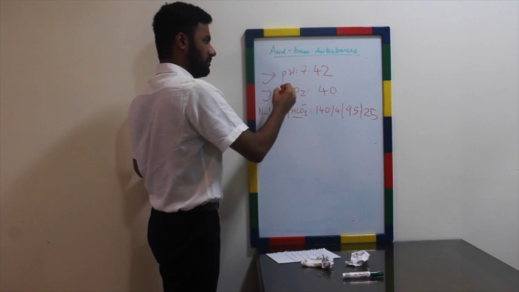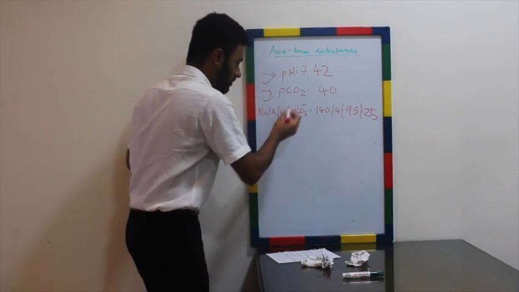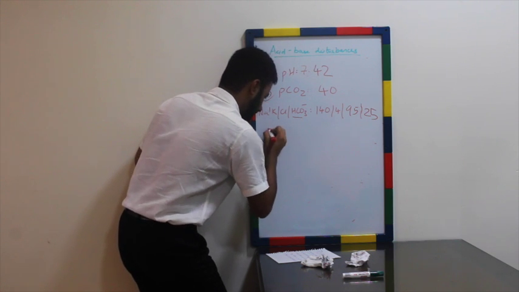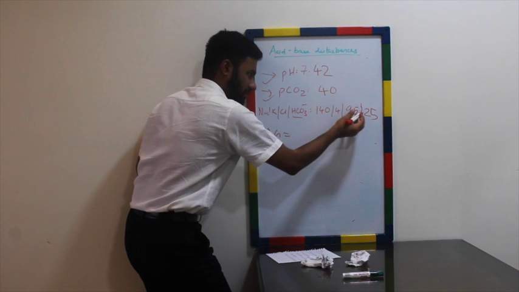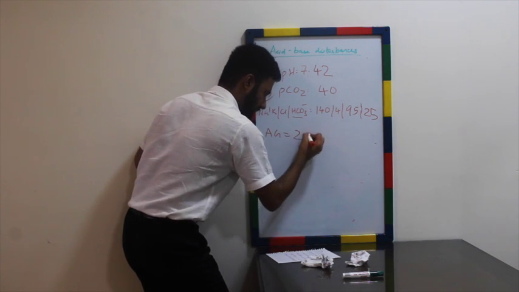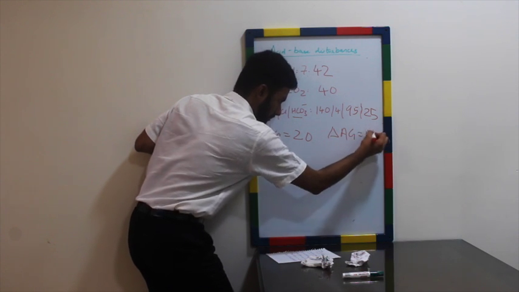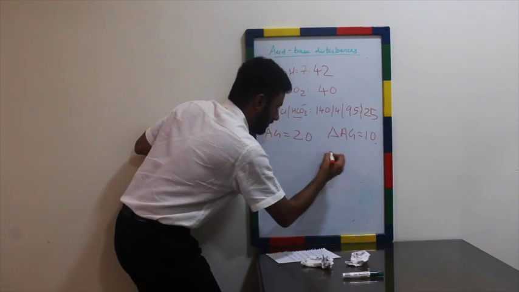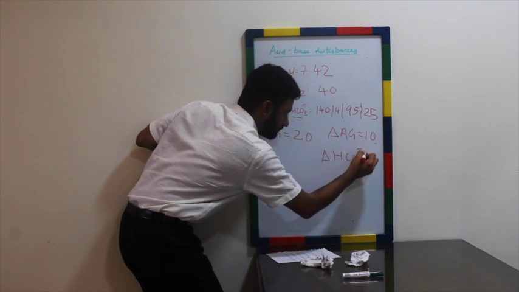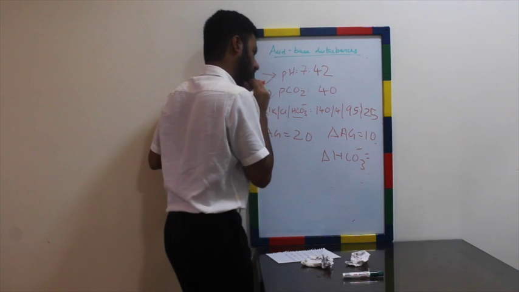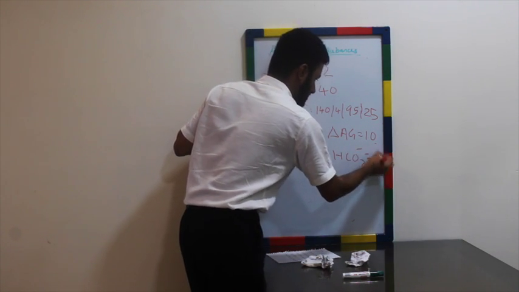The PCO2 is also normal. So you might think there is no acid-base disorder, but look at the anion gap. The anion gap is 140 minus 95 plus 25, which is 140 minus 120, which is 20. The delta anion gap is 10. The bicarb is 25. The delta bicarb is, you can say, 0.